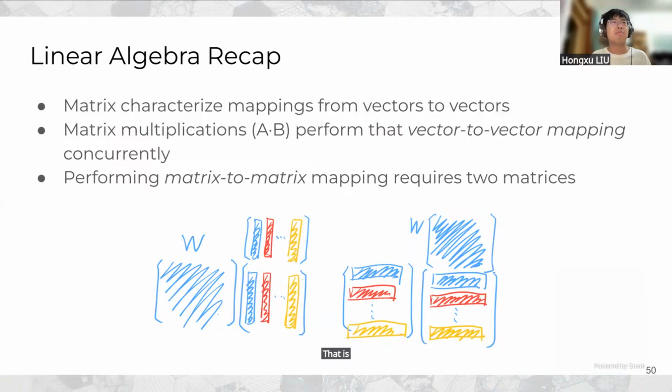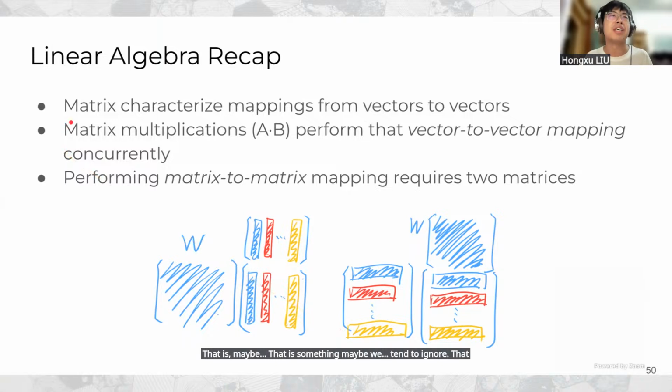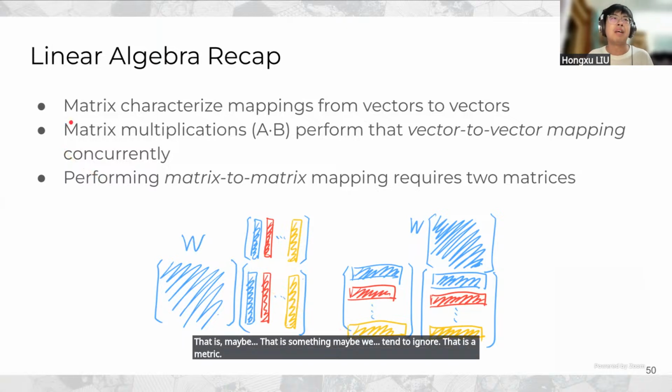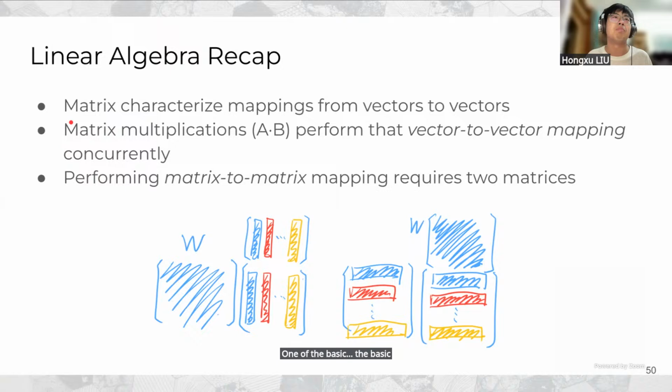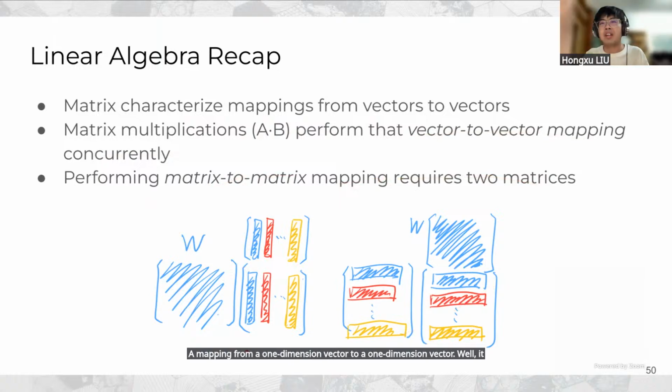That is something maybe we tend to ignore: a matrix. One of the basic definitions of a matrix is that it characterizes a mapping from a one-dimensional vector to a one-dimensional vector, like what I have drawn below.